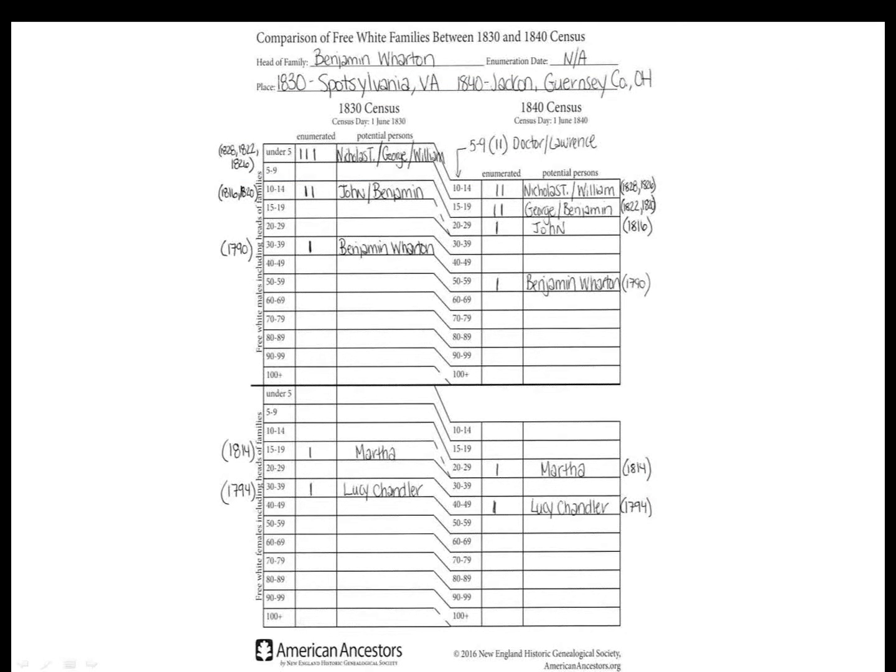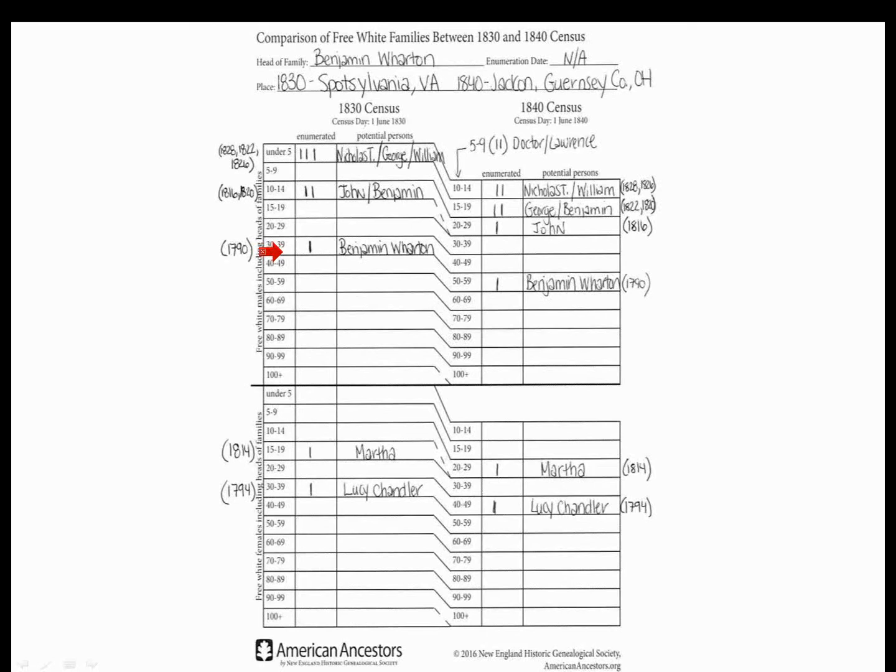So when we compare that, we can see that Lucy Chandler shows up in the right column very nicely. So does Martha. Benjamin is a little bit off, but I'm okay with that because he was born supposedly in 1790. So depending on the census day, it's possible that he could potentially have been 39, about to turn 40 on that particular day.